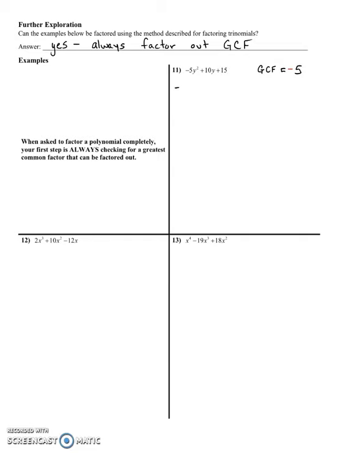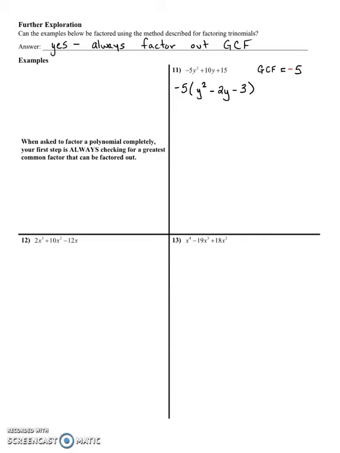If I factor out a negative 5, that leaves me with a y squared minus 10 divided by negative 5 gives me a negative 2y. And then 15 divided by negative 5 gives me a negative 3. So I have negative 5 times the quantity y squared minus 2y minus 3.